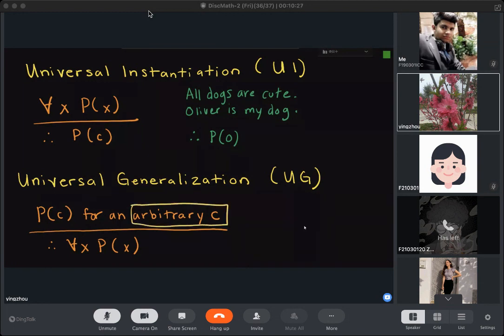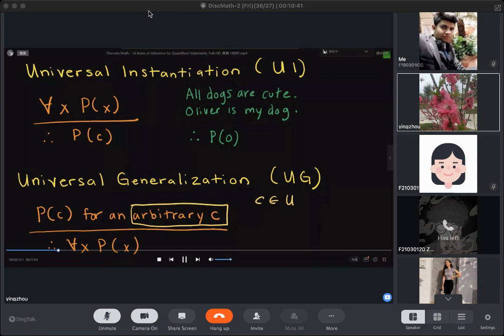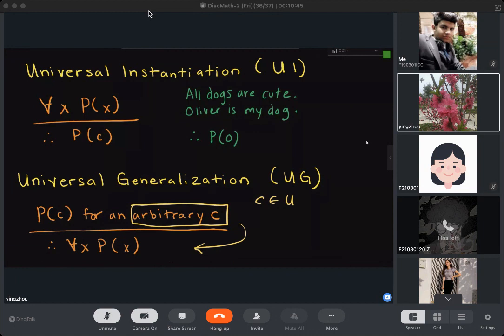Essentially we're saying if we pick any old value from the domain, so some c value that belongs to our universe, then if it's true no matter which value we choose, essentially we're saying it's true for all values in the domain.